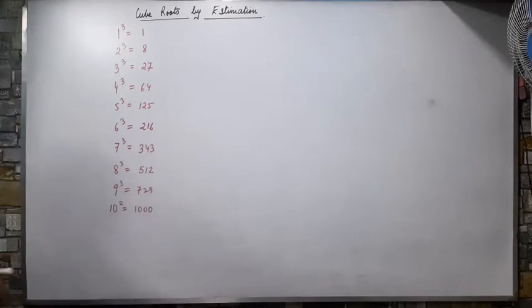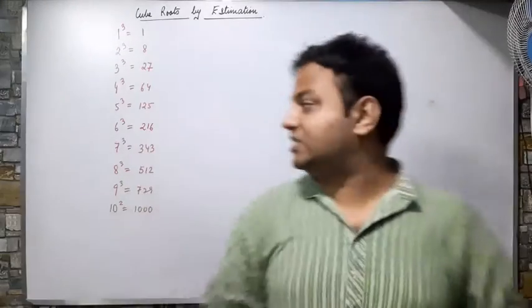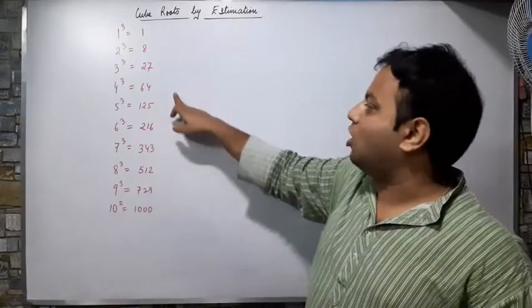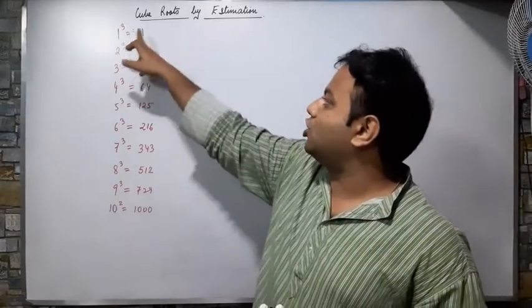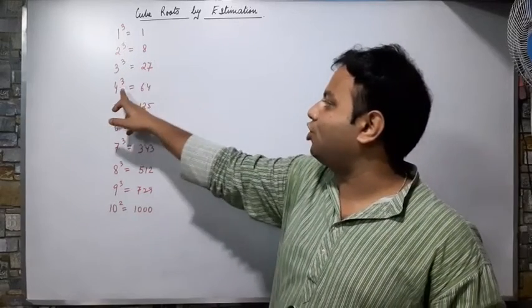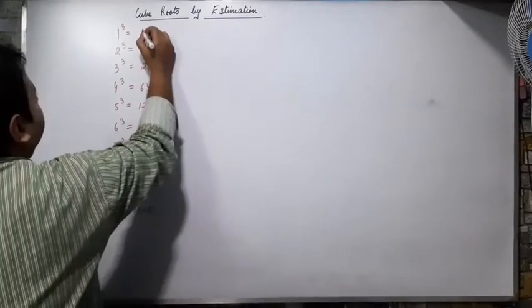So these are the cubes from 1 to 10. You may see that the ones digit of each cube is different. For 1 cube I have 1, for 2 cube I have 8, for 3 cube I have 7, for 4 cube I have 4, for 5 cube I have 5. Let me just overwrite it.